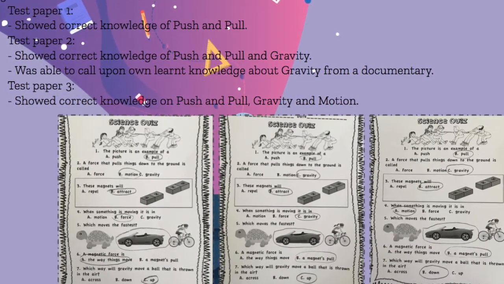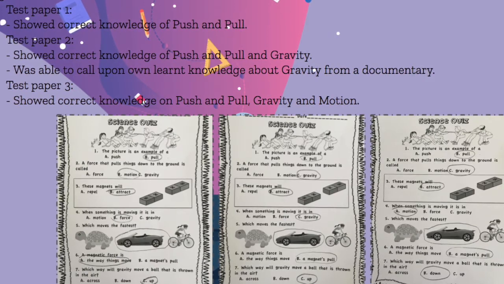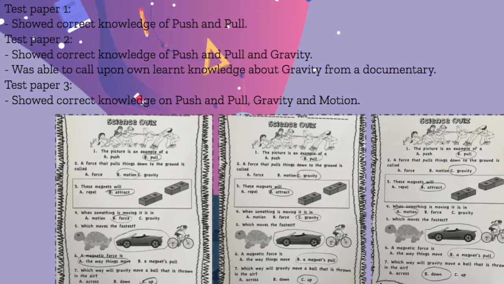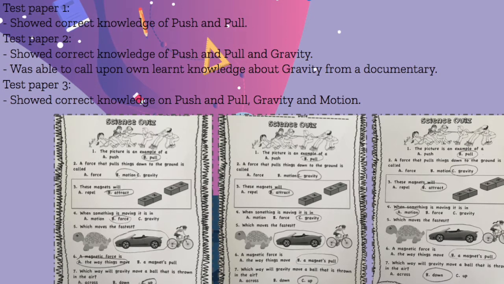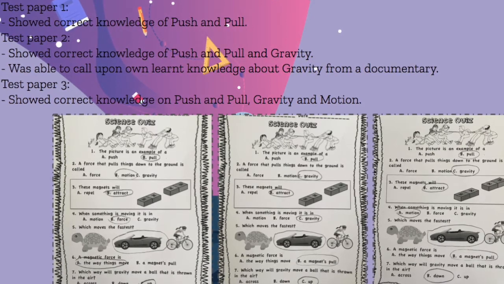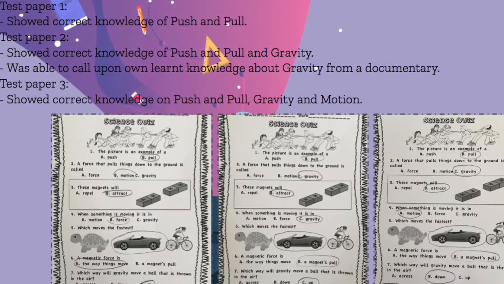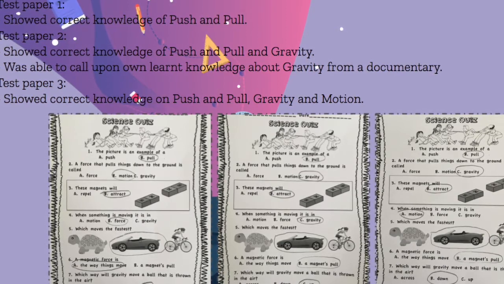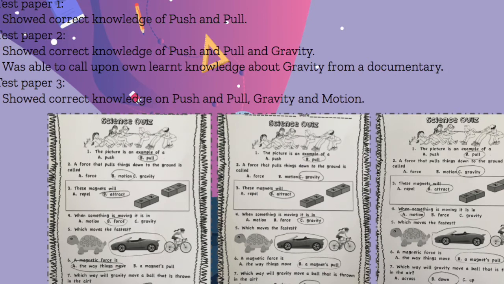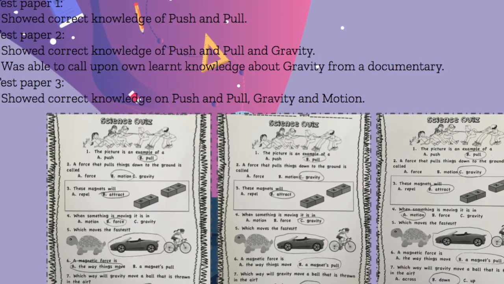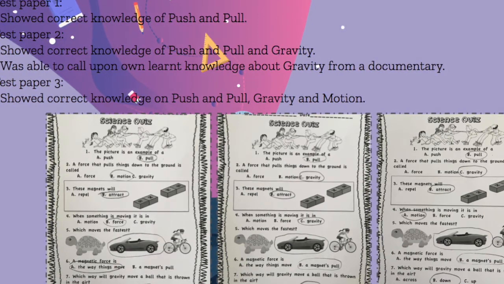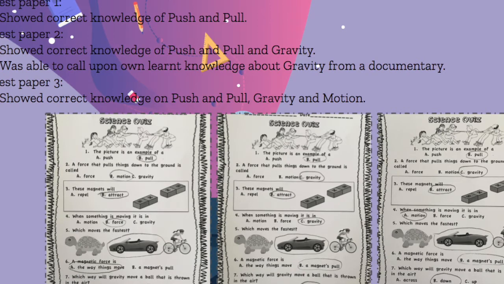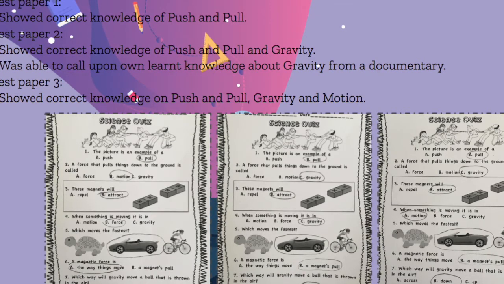Test paper 3, the advanced learner, was able to provide correct knowledge on push, pull, gravity, and also motion. These topics were all to be discussed during our science topic. This data was incredibly important when it came to planning and implementing my hands-on lessons for these 3 learners and learners who fell into the same categories as these 3 which were presented in my formative assessment.